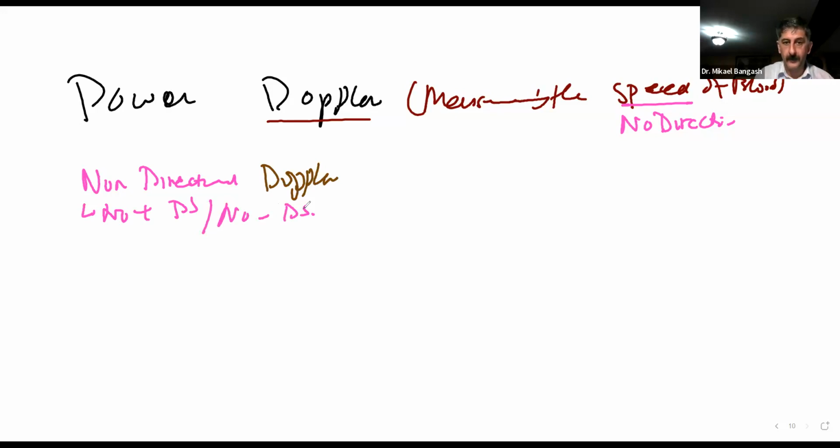So when we look at the other word, which is power, we said power was the rate of transfer of energy. But here, this power will measure the amount of energy.